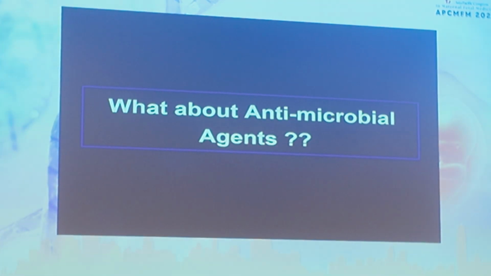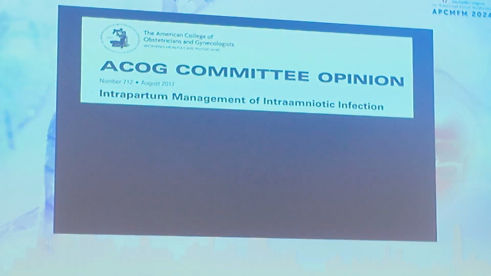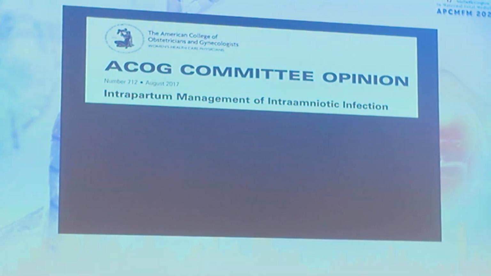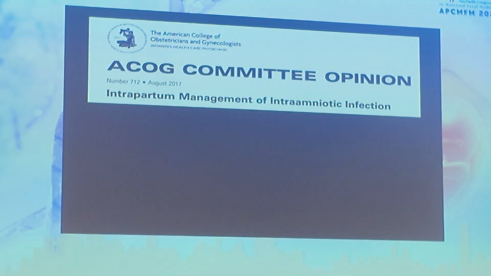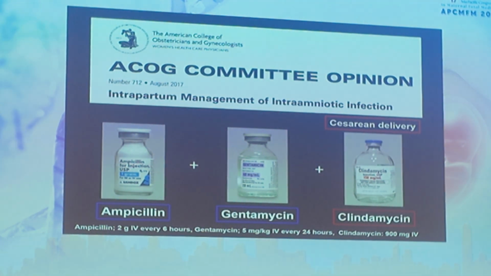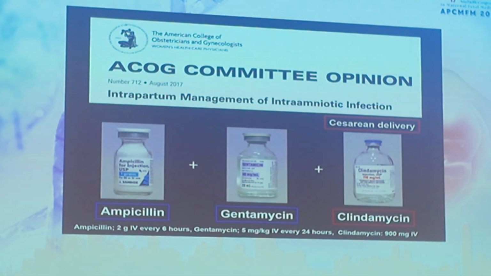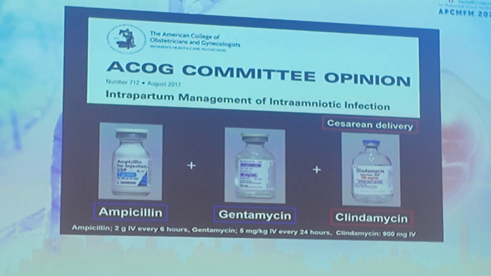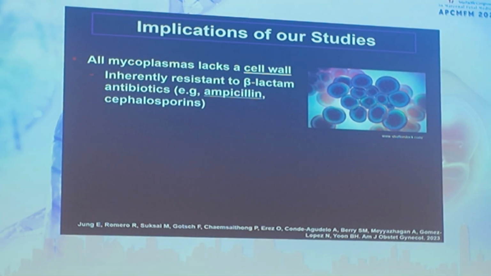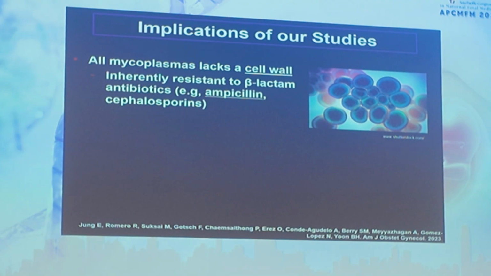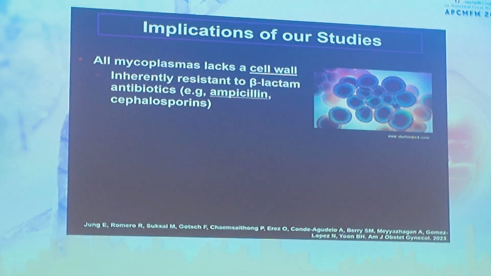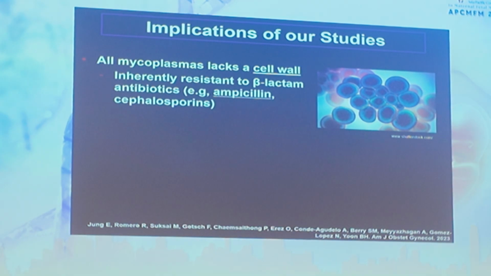What about the antimicrobial agents? All professional societies, the American College of OBGYN, WHO, recommend the use of ampicillin and gentamicin. And at the time of cesarean delivery, to add clindamycin after clamping of the umbilical cord. I think it's important that I remind you that the most common organisms are genital mycoplasmas and specifically Ureaplasma urealyticum.